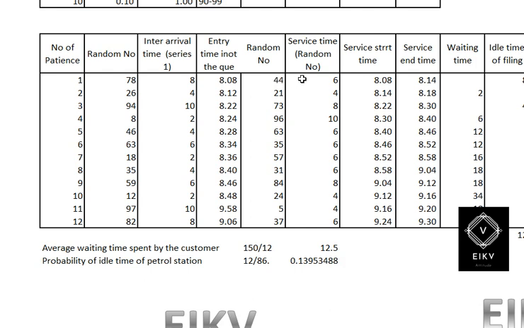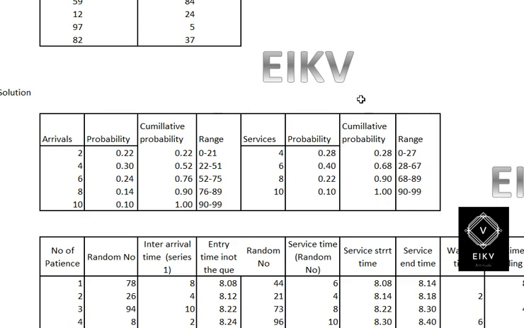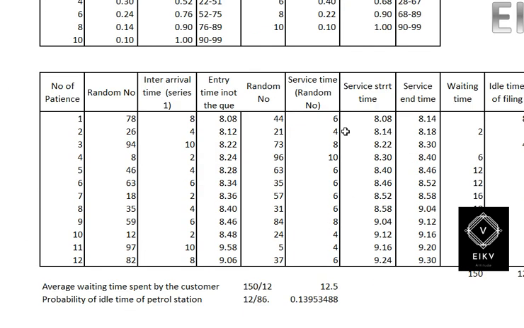Yes. Then the service random number will be 44. When we check the range, it is between 28 to 67, which means 6. So the customer will be coming 8 minutes after starting the pump.